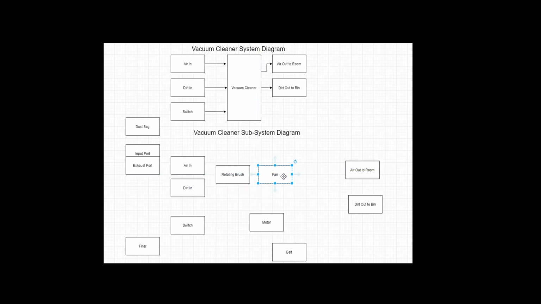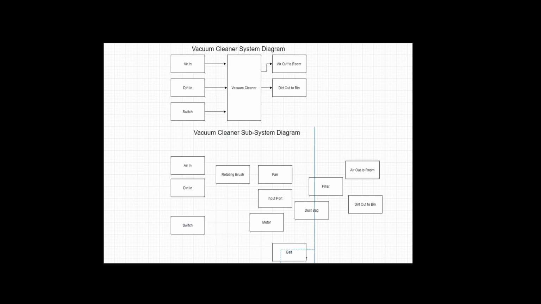Oh, and then I guess the dirt goes past the fan into the input port, and then there's probably the dust bag. There might be a dust bag, and then the filter. And this all takes a little bit of moving about, and from the filter there'll be an exhaust port, and air will go out to the room.